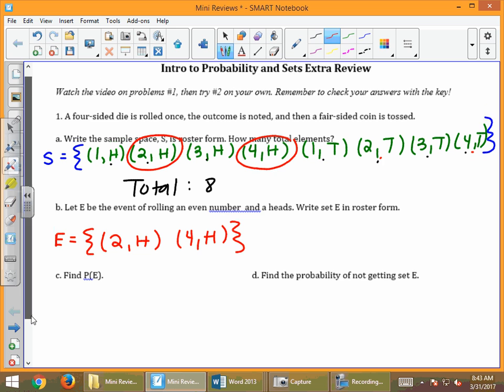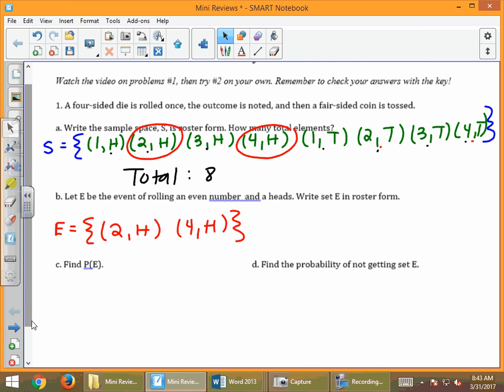And then if we look at C, it says find the probability of each. Whenever you have this P with something in the parentheses, written like that, that just means the probability of getting something that falls in set E. So we're going to start with our fraction. The total amount of outcomes in our sample space always goes on the bottom.